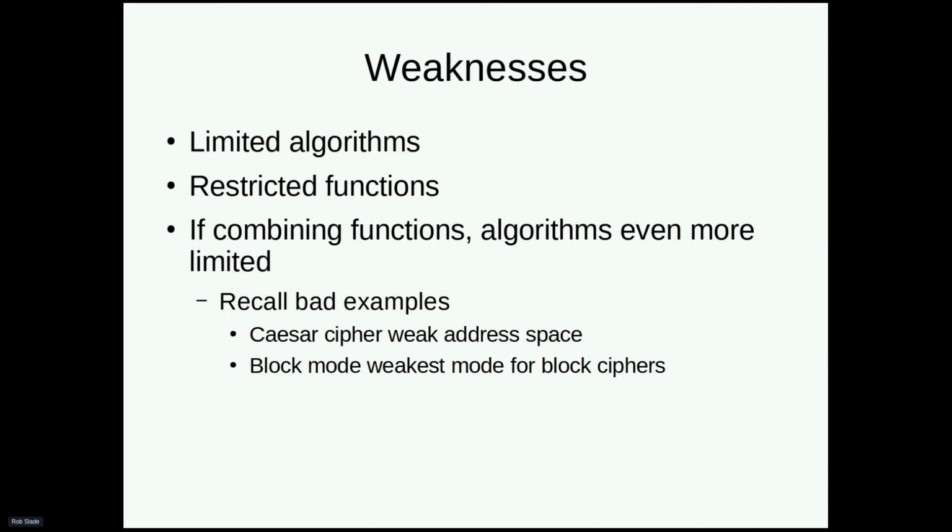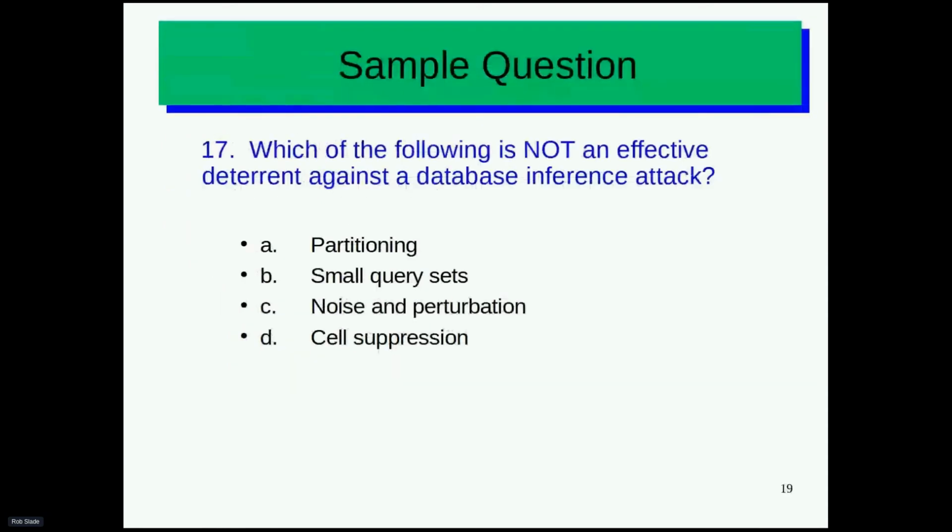And as the restrictions grow on the algorithms because of the functions that you want, that may weaken the strength of the algorithms. And again, recall the bad examples: Caesar ciphers is the weakest in terms of address space. Block mode, ECB mode is the weakest mode for block ciphers. So obviously I have to change the wording of that slide.